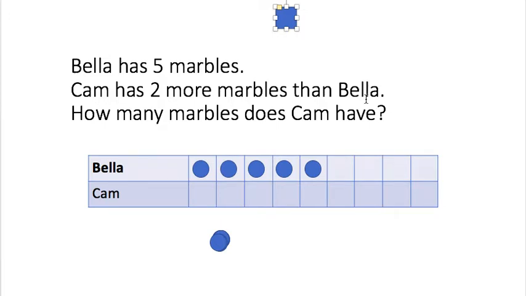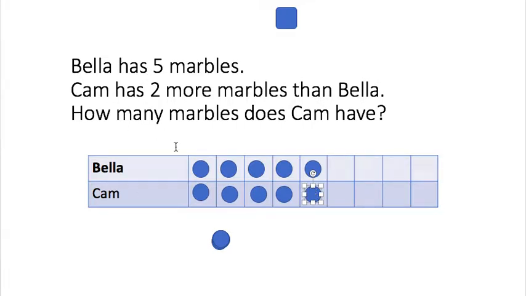So what we're going to do to figure that out is first we're going to give Cam the same amount of marbles as Bella. Because they have the same amount, Cam just has more. So we'll start with the same. And now how many more does Cam have?